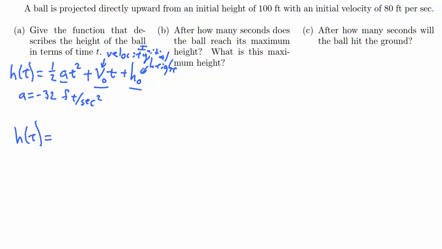So it's going towards the Earth, so it accelerates at negative 32 feet per second squared. So plug in a negative 32 here. A half of negative 32 is negative 16. And then t squared plus your v naught t, and your v naught is 80, so 80 t, plus your h naught of 100.